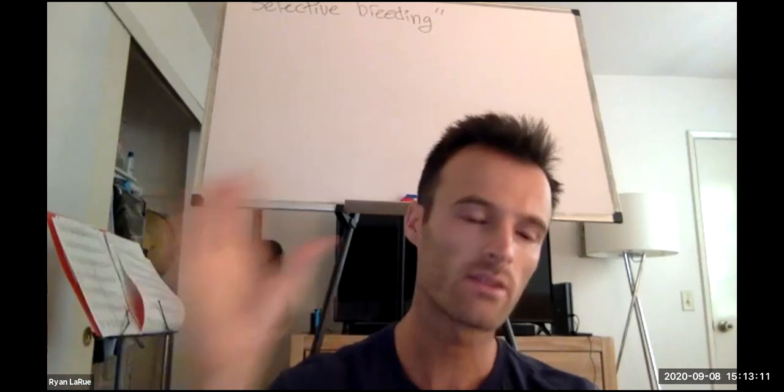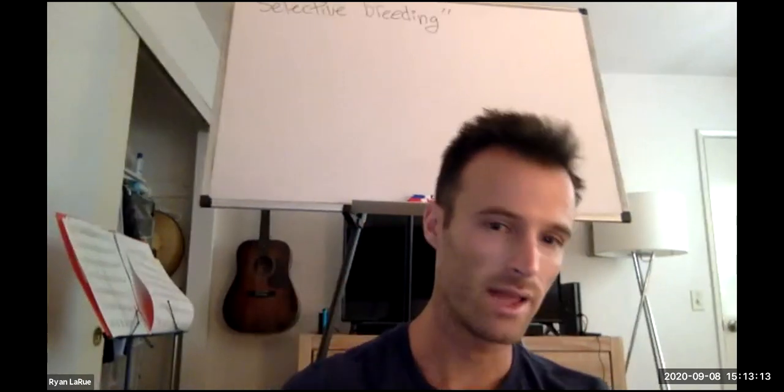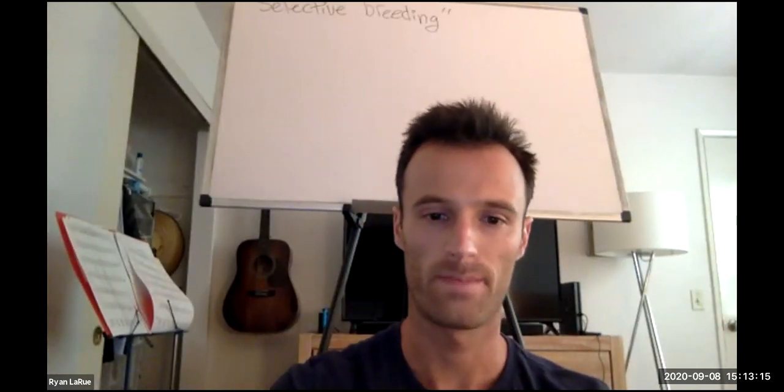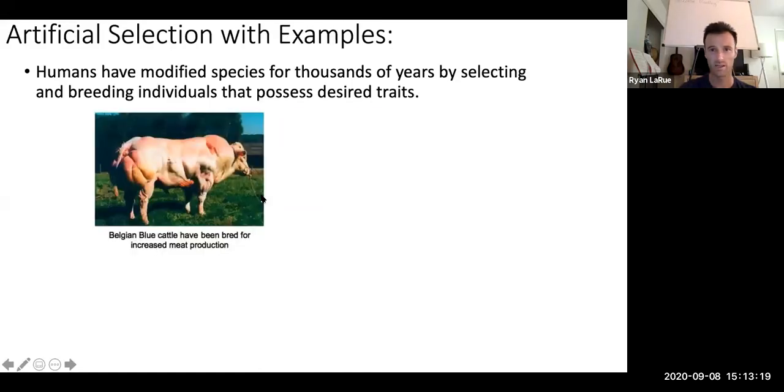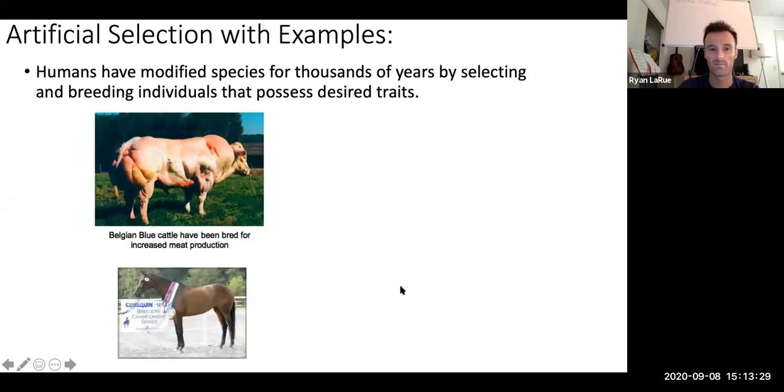And that's all it is. It is human beings playing that selective role. And there's a lot of examples of this that maybe you weren't aware of, and the reason they exist is because of this process.